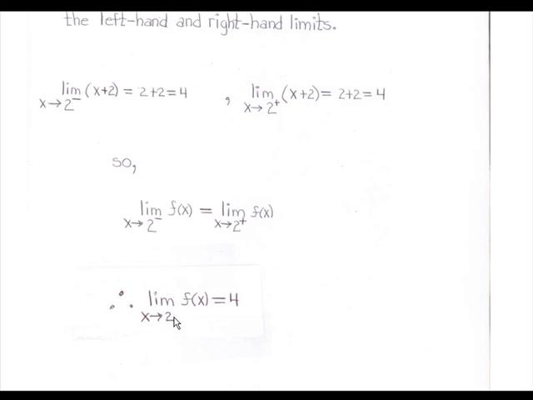If that occurs, then the limit of the function at that point does not exist, because it cannot have two different limits at the same point at the same time. So now we've seen that the left-hand limit is equal to the right-hand limit. So we can conclusively say from our analysis that the limit of f of x as x approaches 2 is equal to 4, and it does exist.